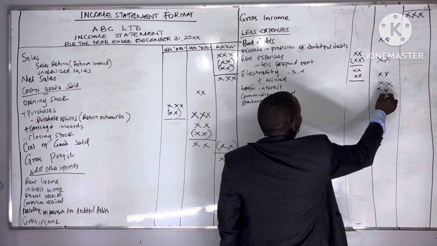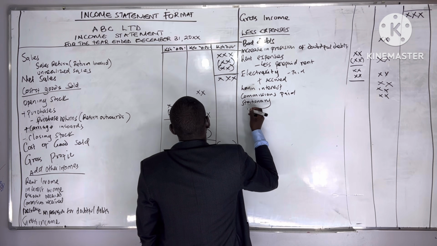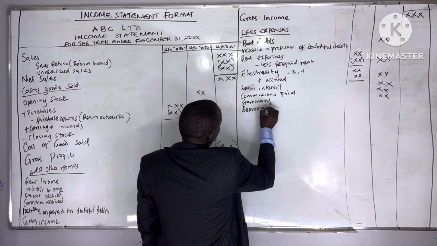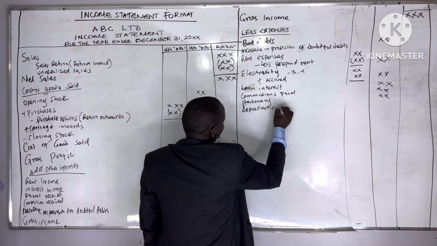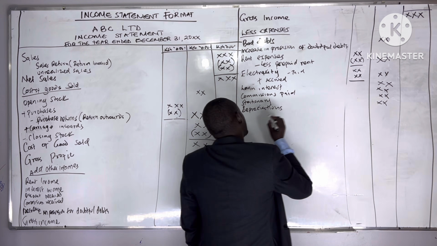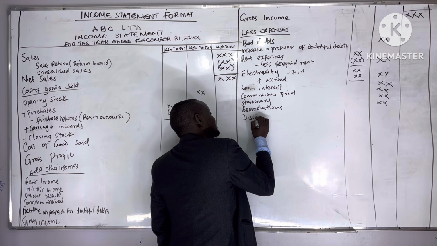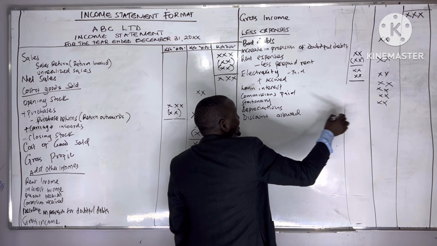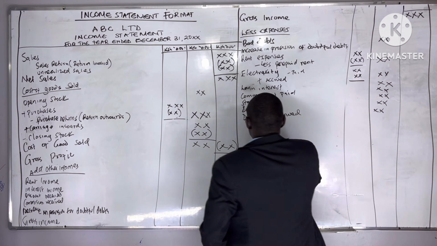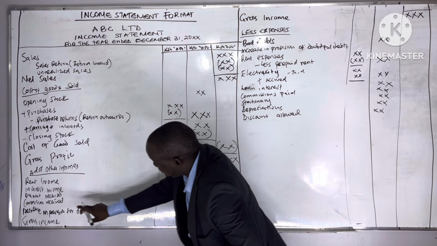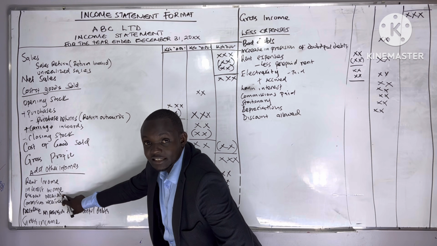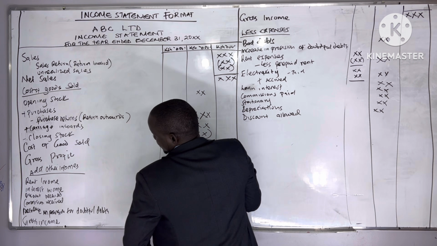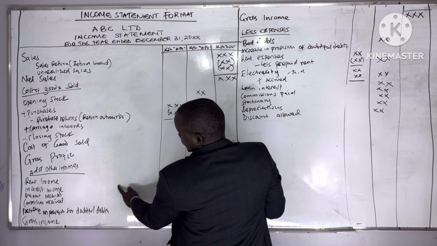I post here. I can also have something like depreciation. I post here. I also have discounts. Discount allowed is an expense, but discount received is an income. Okay? So, I think we have captured everything here, the opposite.